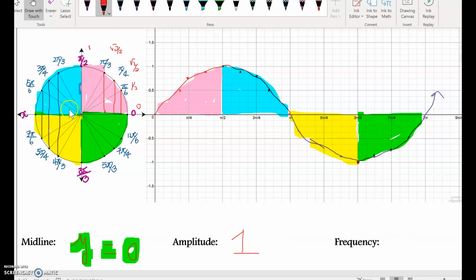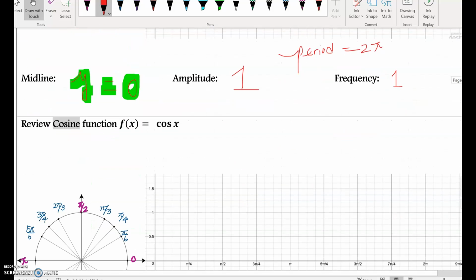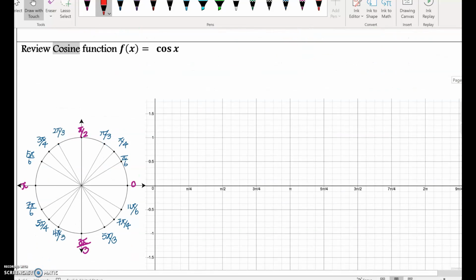I forgot to add the period here. The period here is 2 pi. And the frequency is how many cycles there are in 2 pi. There's 1. We're going to talk about other sinusoidal functions that have more cycles in a period.